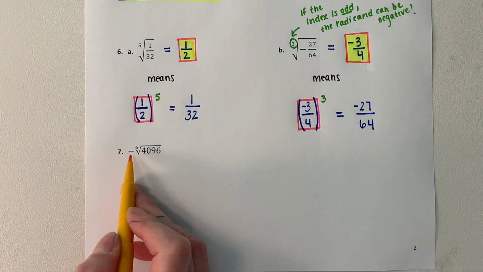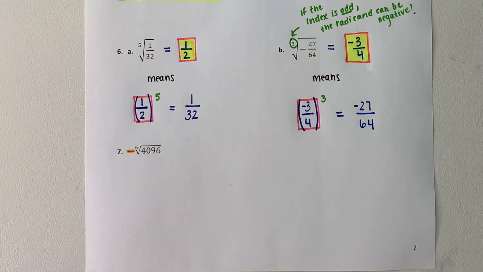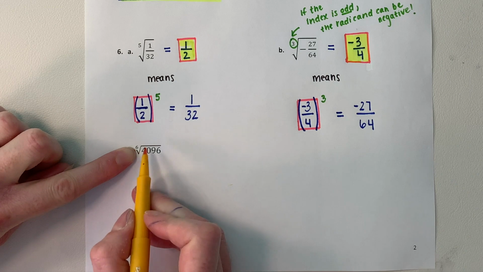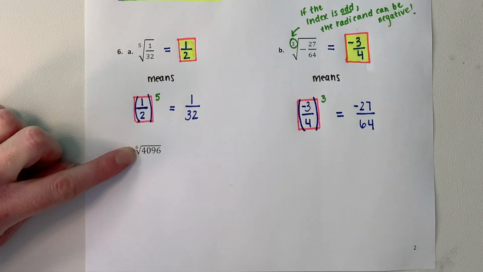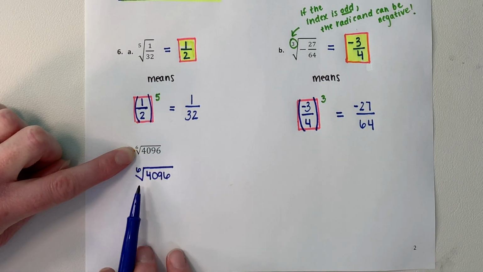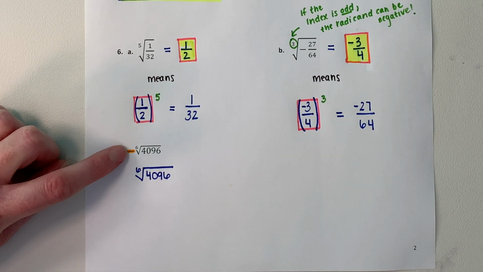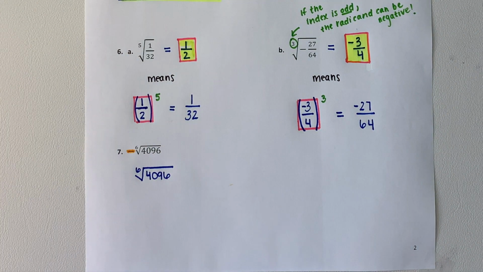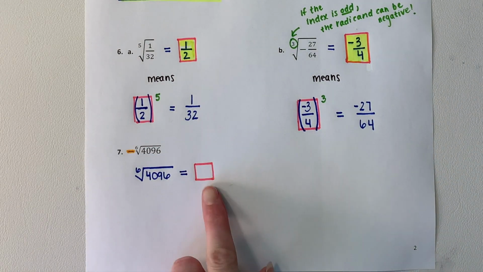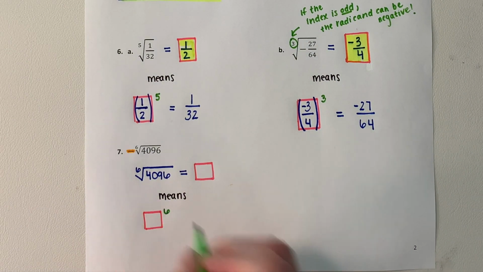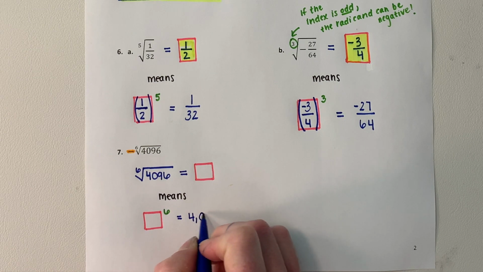Now notice we have a negative out front here. Just temporarily, I'm going to ignore the negative and focus on the 6th root of 4096. So let's first compute the 6th root of 4096, and we'll add this negative back in just a minute. So we can say that the 6th root of 4096 is equal to some quantity. That means that we should be able to take this answer and raise it to the 6th to get 4096.